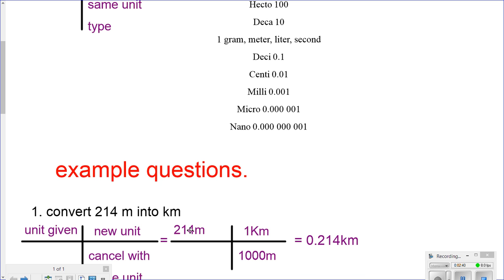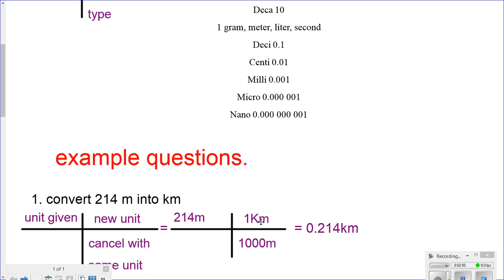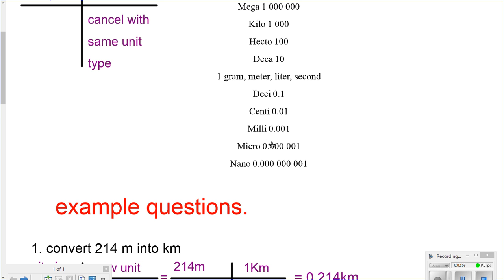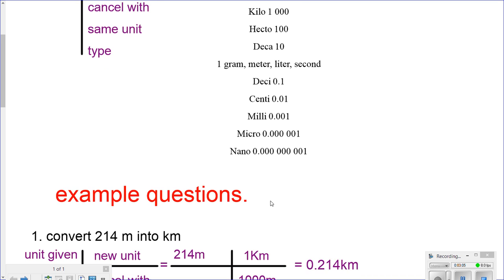Therefore, I have 214 times 1 divided by 1,000 gives me 0.214. I repeat, the kilo is larger than the meters over here. Therefore, the larger unit, the one that is above on this chart, keeps the 1. The one that's below keeps the 1 with the zeros.